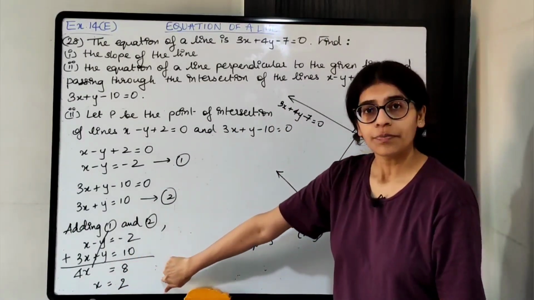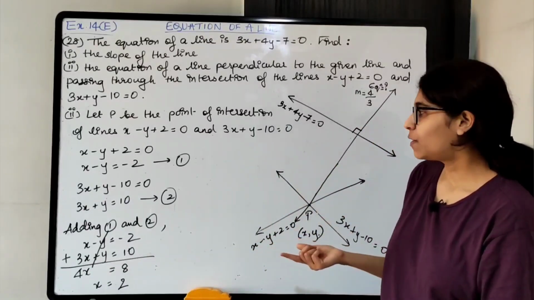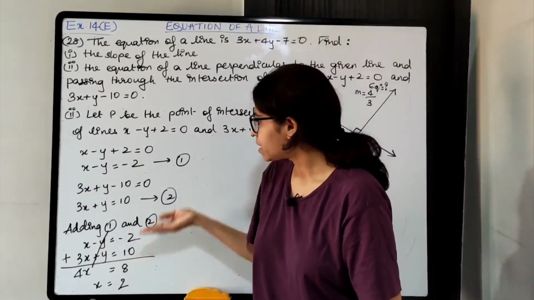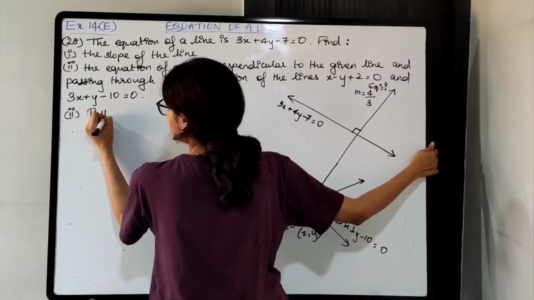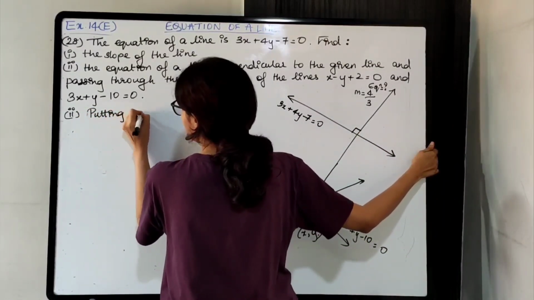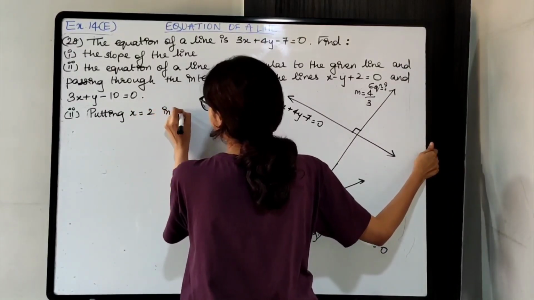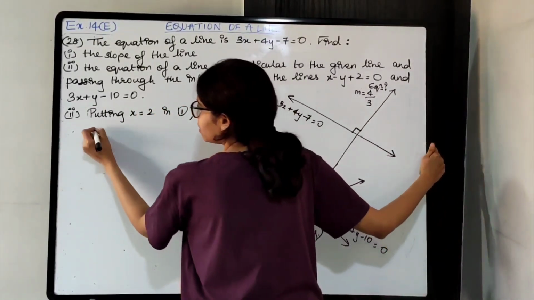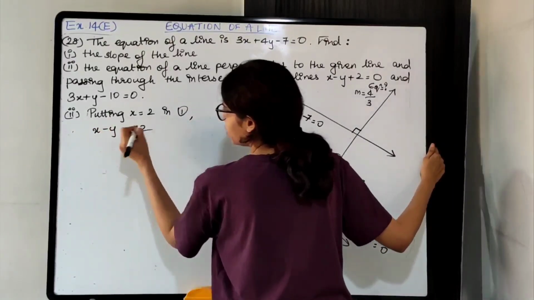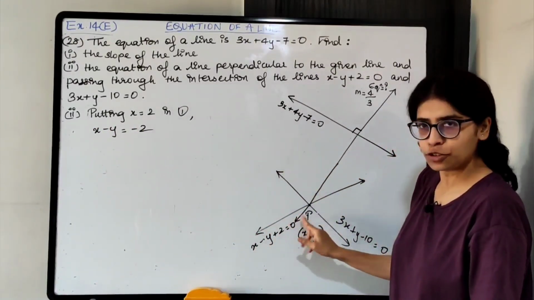Okay. x 2 मिला. And now we'll find the value of y. So put the value of x in 1 or 2 and find the value of y. Putting x equals to 2 in 1. First वाला equation क्या था? It was x minus y equals to -2, right? We had shifted 2 on the other side.